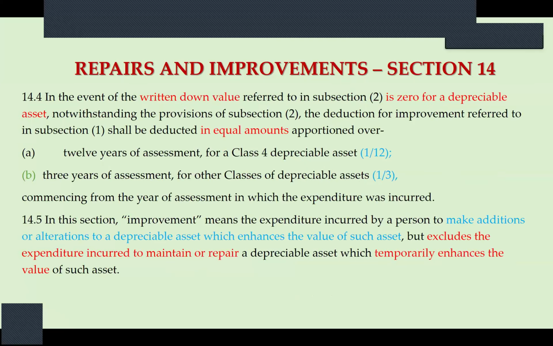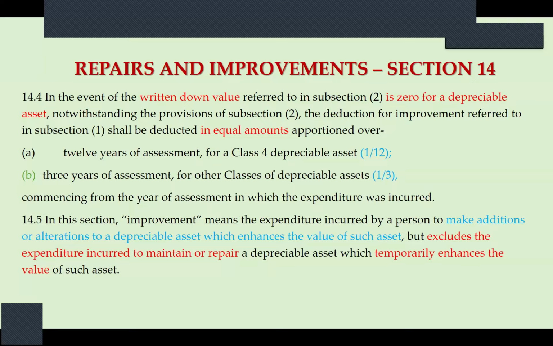So after that, we have included one more amendment to this section 14. We call it section 14.4. Sometimes after we deduct depreciation each and every year, there will be zero written down value. Zero written down value means for the assets we have given only a 5 year lifetime.